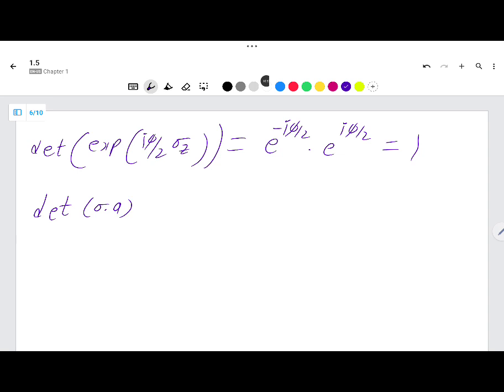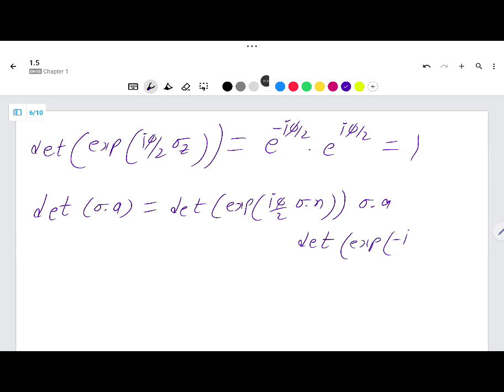And so we take the determinant of sigma dot a. We want to prove that this equals the determinant of e to the power I phi by 2 sigma dot n, sigma dot a, and then again e to the power minus I phi by 2 sigma dot n, and we know this determinant.